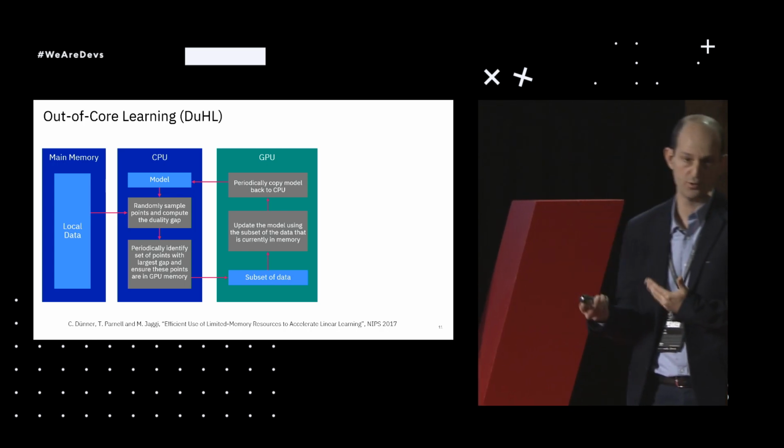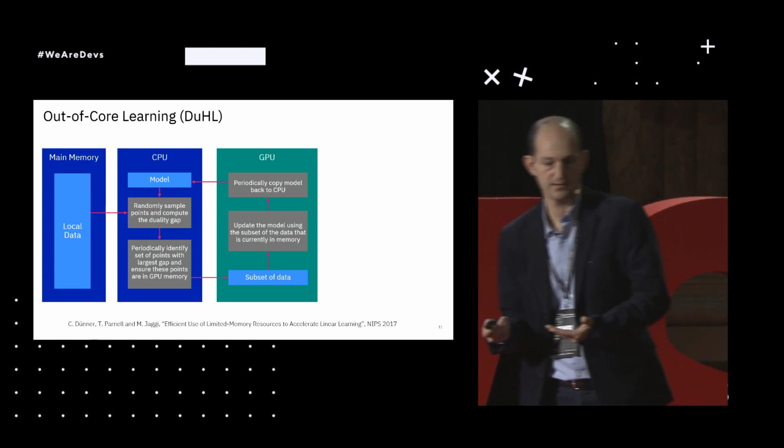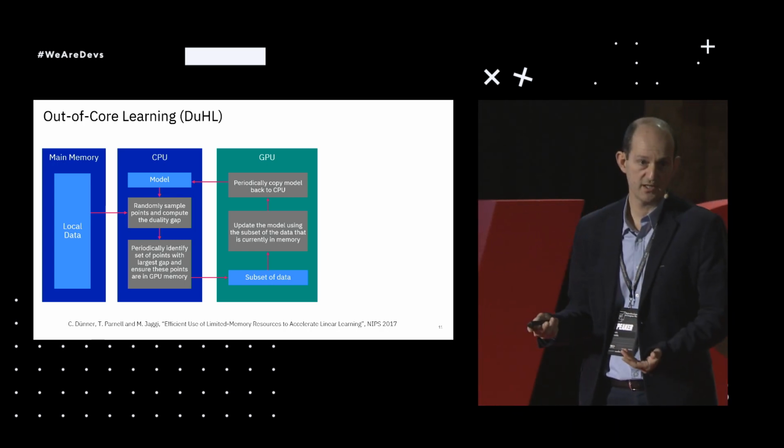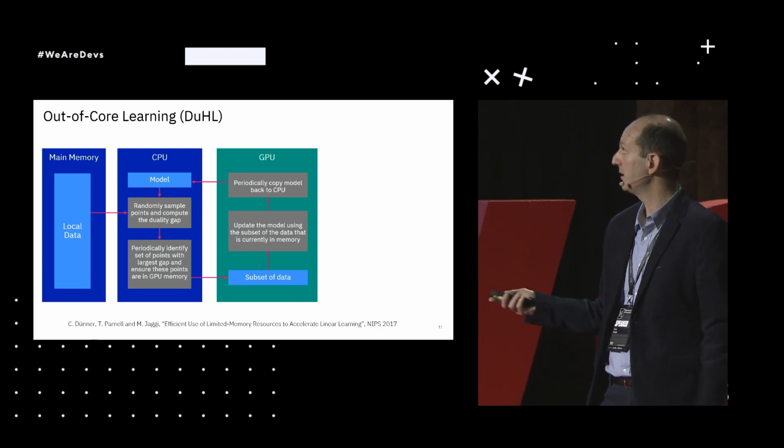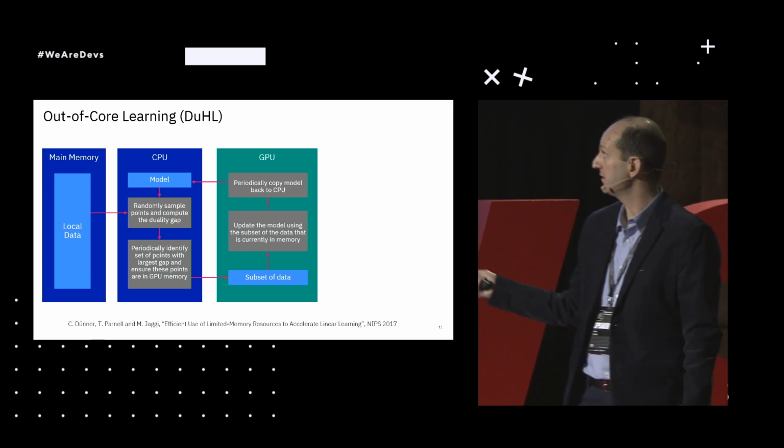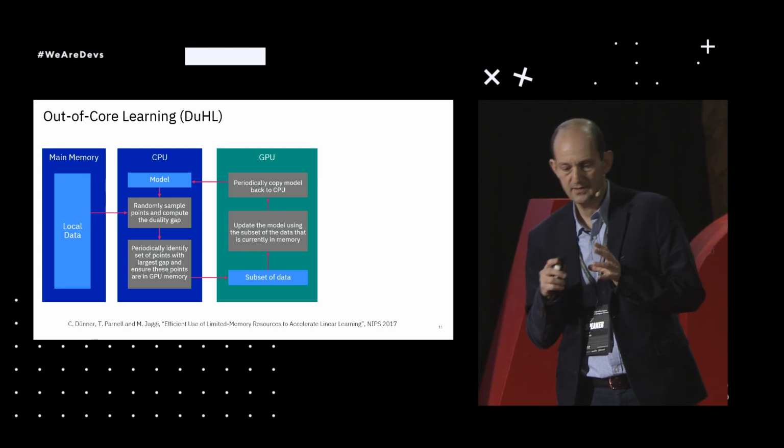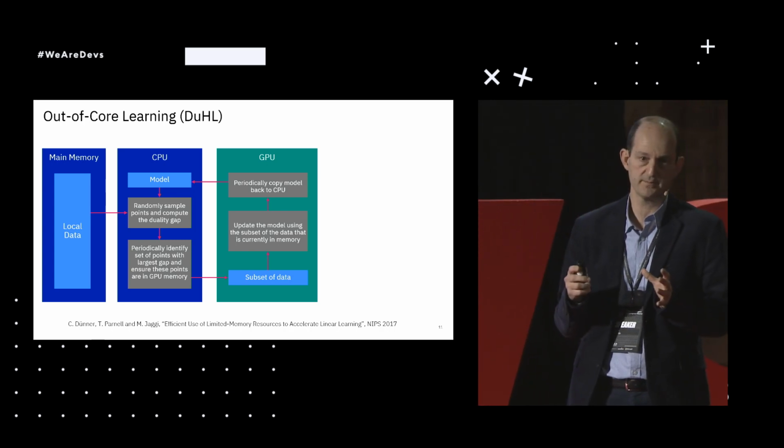However, this is a very slow process, and it can be accelerated. There are different ways to accelerate that. One that we came up with is very specific to linear models.